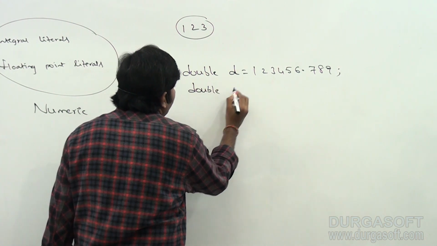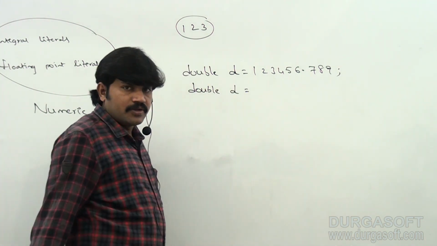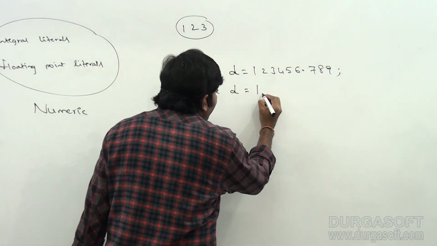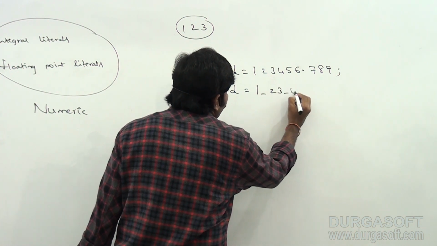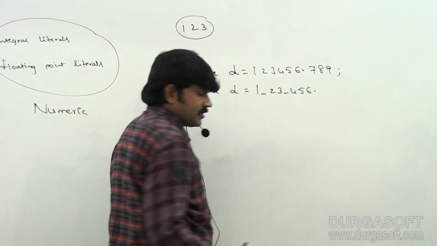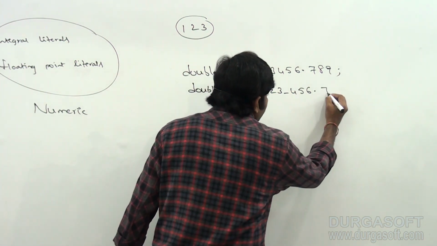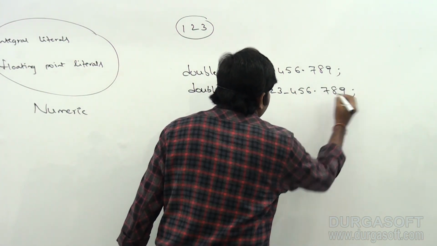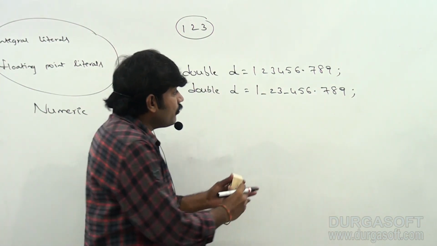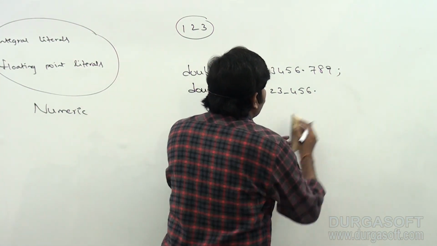Here, double d is equal to 1_23_456.789. Have you observed? Even for floating point numbers you can use it, no problem at all.